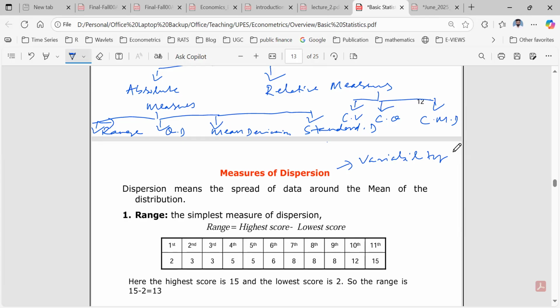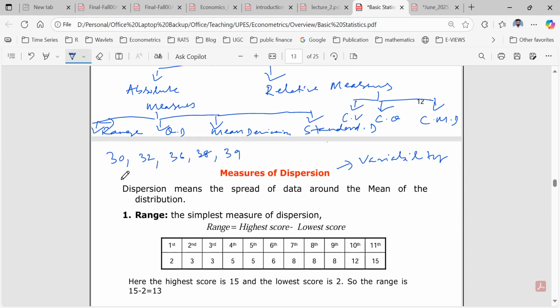For example, let's say that one series is 30, 32, 36, 38, 39.